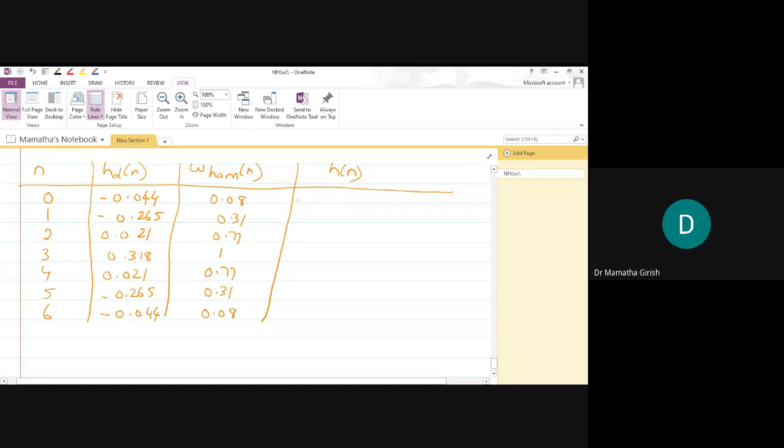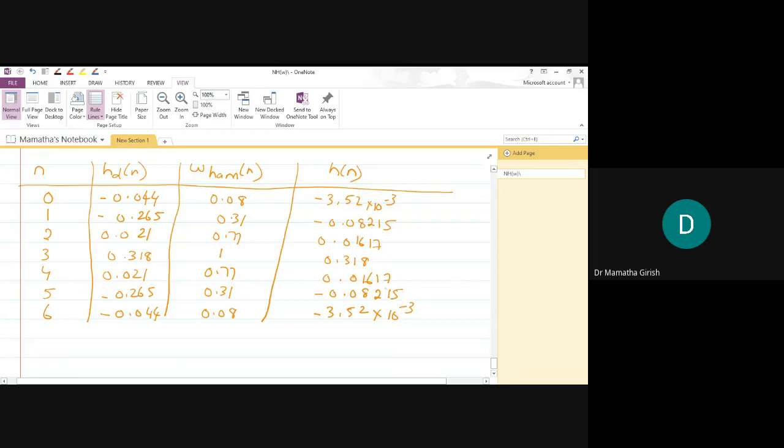The corresponding filter coefficient values are minus 3.52 into 10 raised to minus 3, next value is minus 0.08215, 0.01617, 0.318, 0.01617, minus 0.08215, and the last value is minus 3.52 into 10 raised to minus 3.